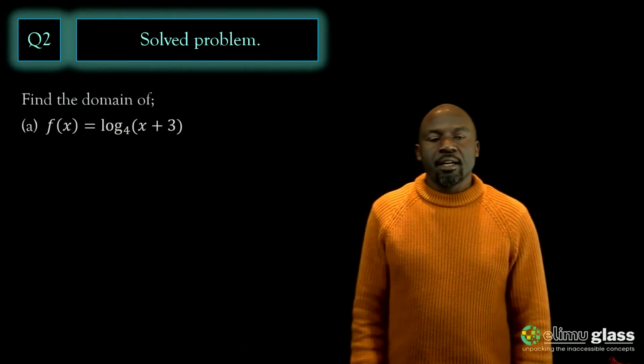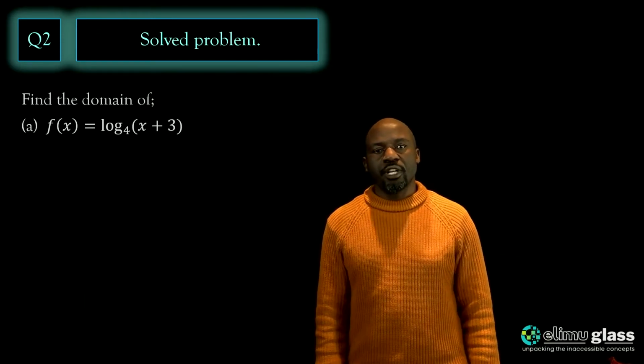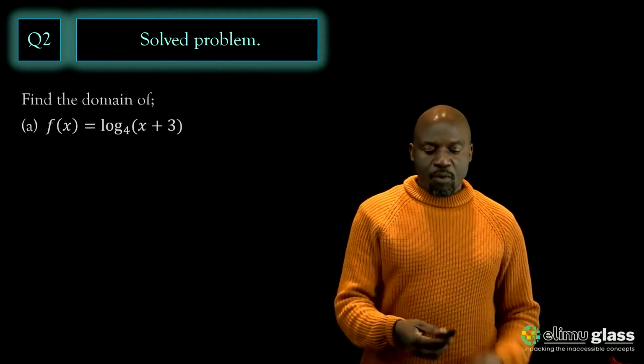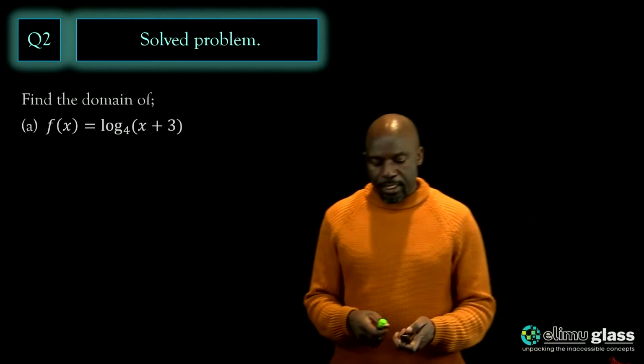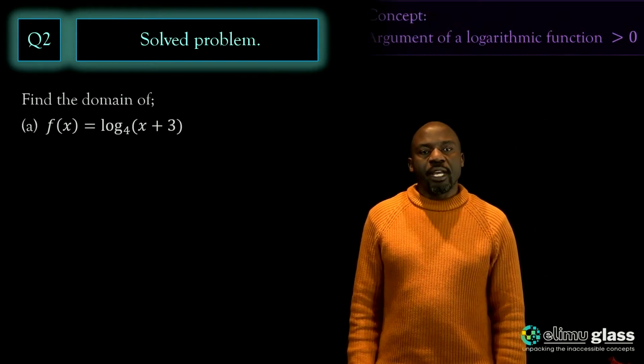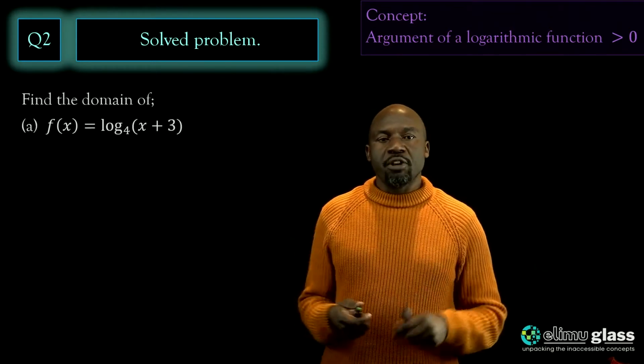Find the domain of, so this is the second question that I asked you to do. Find the domain of the function f of x is log to base 4 of (x plus 3). Once again, we know that for a logarithmic function, to find the domain or the implied domain, we must remember that the argument has to be greater than 0.